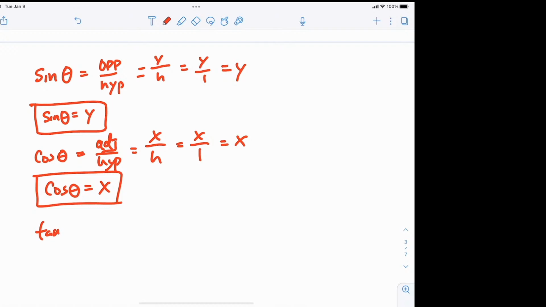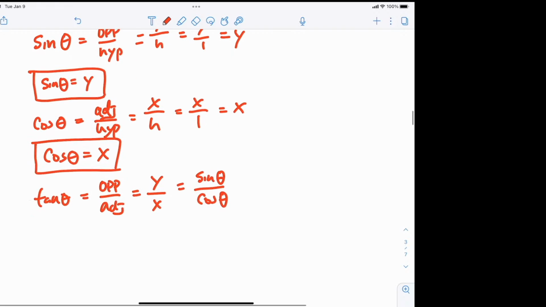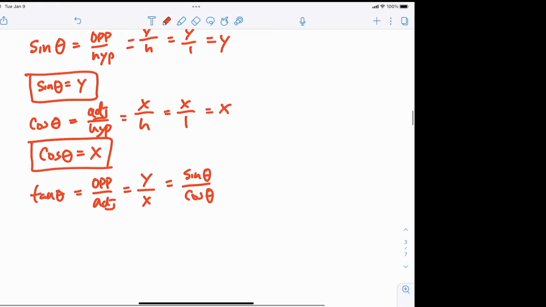And then tangent of theta is equal to opposite over adjacent, so that's equal to y over x. You can also think about it as sine of theta over cosine of theta. That's another way to think about it. So that's all the stuff we're going to teach you today, but we're going to do a couple of problems to make sure you're good at it.